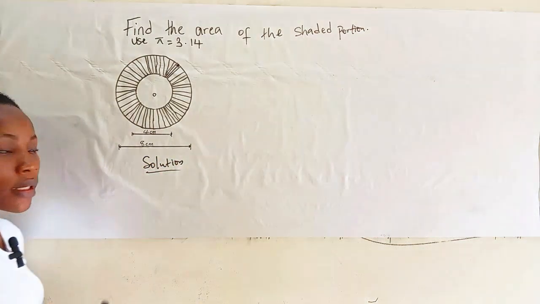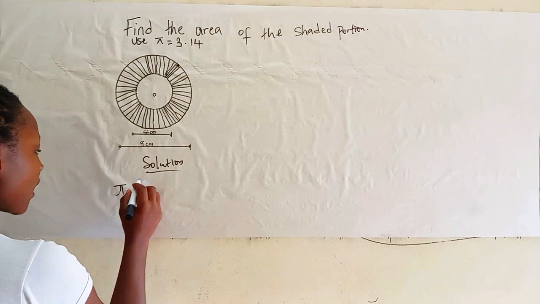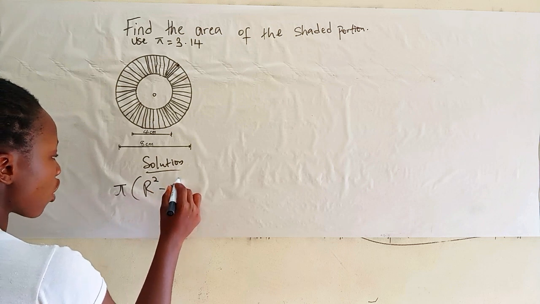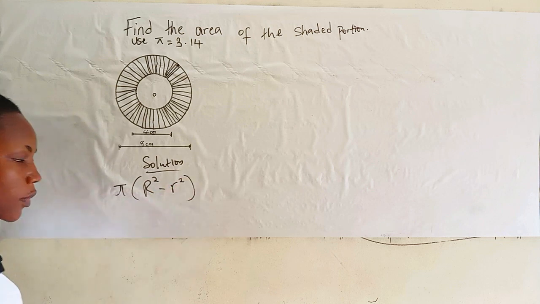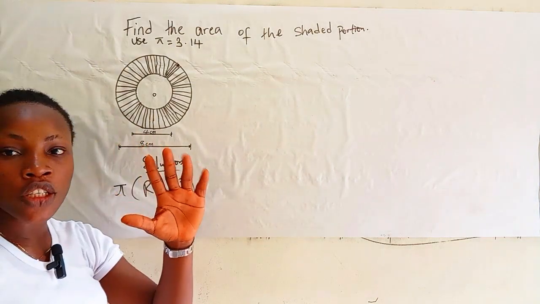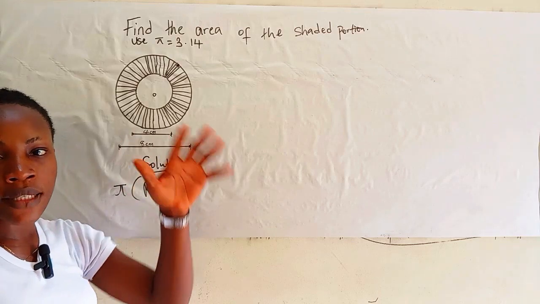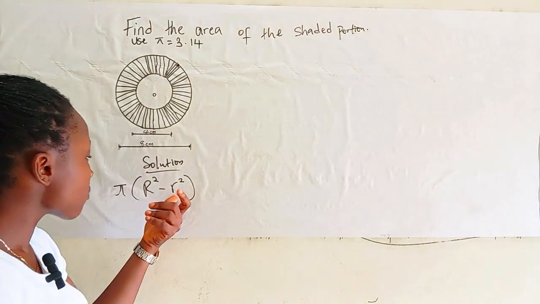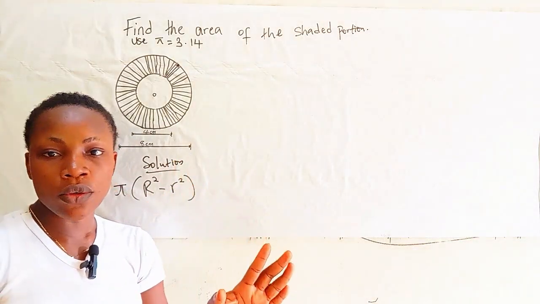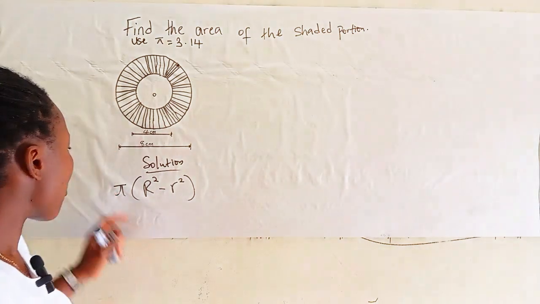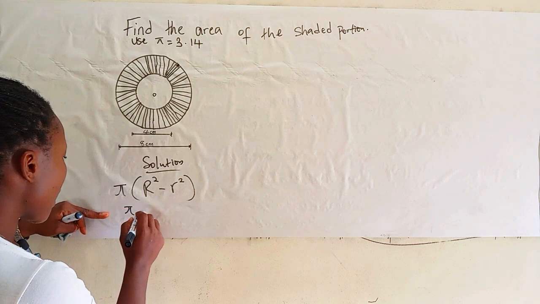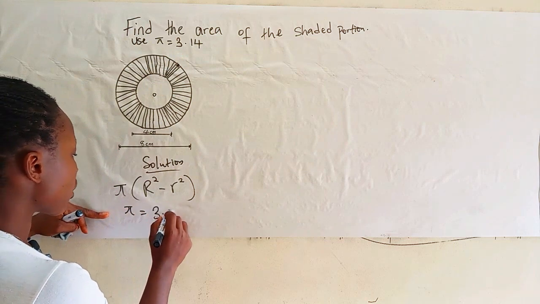The formula is pi open bracket big R square minus small r square. This bigger R is the radius of the bigger circle, while this small r is the radius of the smaller circle. All right, so our pi is given as this. Pi equals 3.14.